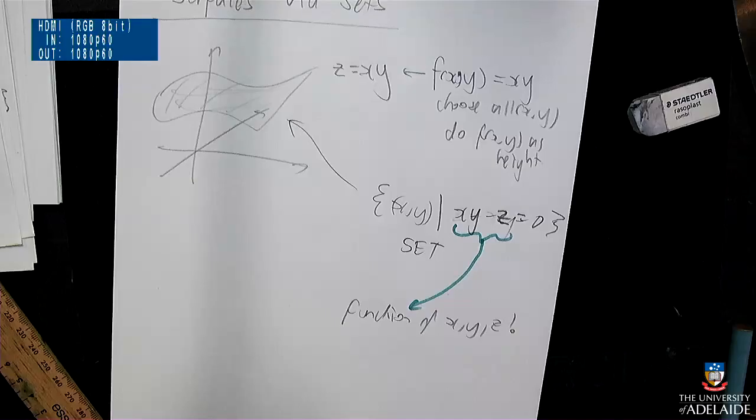Now that means that to analyse my surface, even though my surface was the output from a 2D function, I can imagine my surface, analyse my surface, by imagining it as one piece of a 3D function instead.